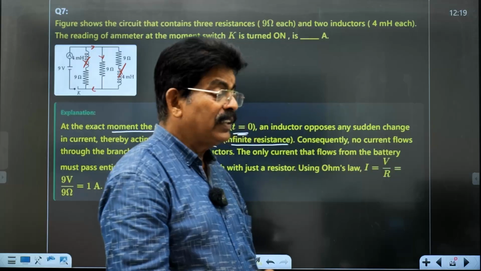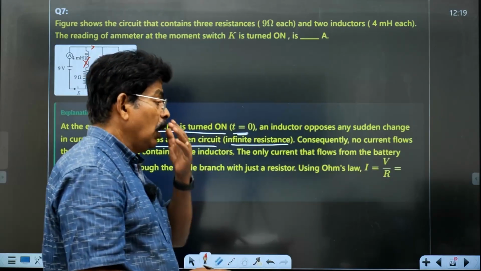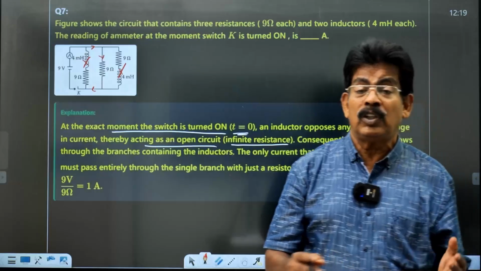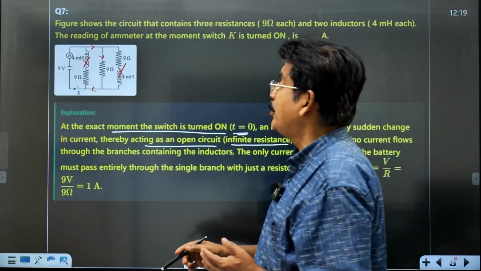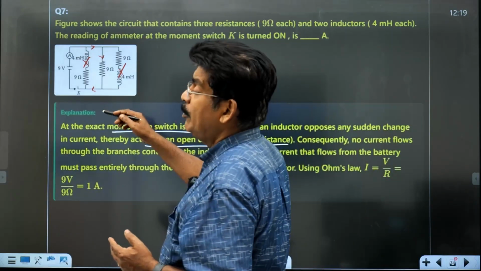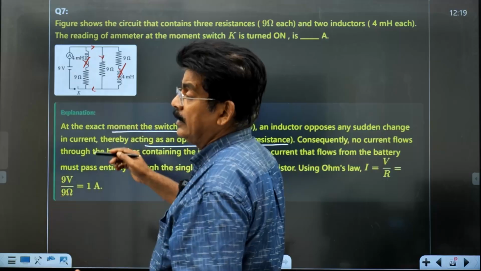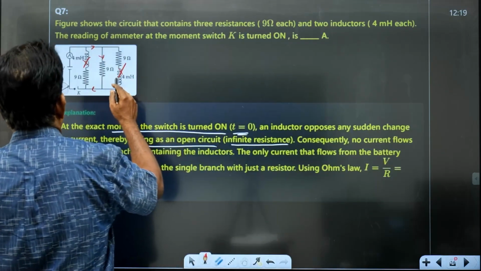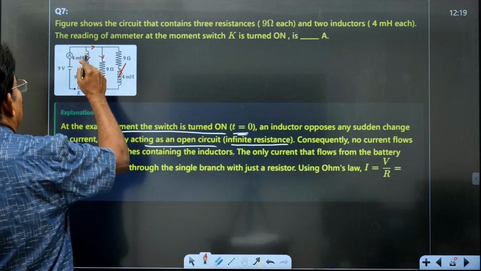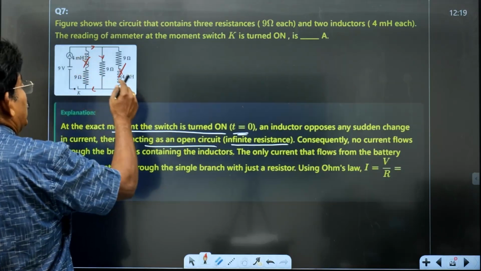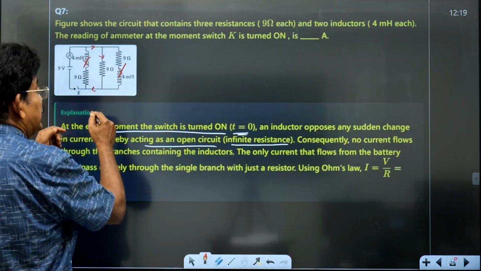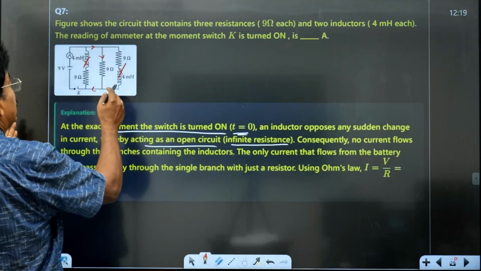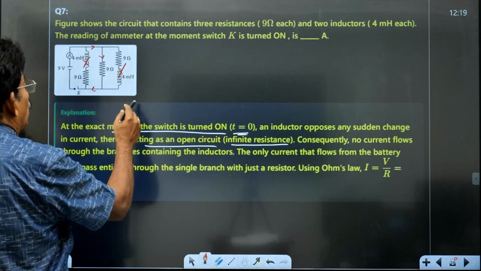Another possibility is that after a very long time, we say steady state is reached. That is not asked, but if it is asked, what will be happening? The inductor will be acting like a conductor. It will offer no resistance. After a very long time, each inductor will have no role to play.